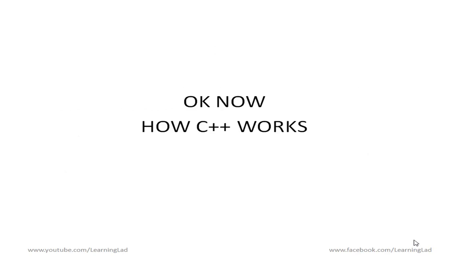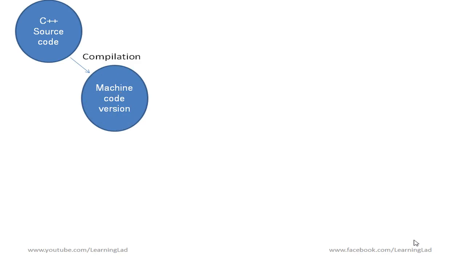Okay, now we know about the compilers, the linkers, the archivers, the toolsets, and the procedure to get an application or executable from the C++ source file. First we have the C++ source code, and then we compile that source code using the compiler. This process is called compilation, and we will get a machine code version.